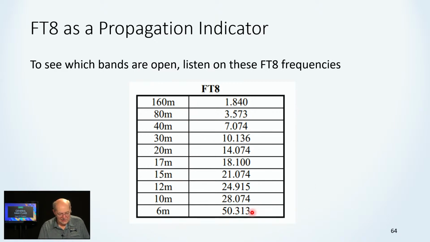And I can immediately tell if there's anything going on on these bands. If you have the ability to decode FT8, you can see where they're coming from. So you could see if propagation is open to Europe on 20 meters, for example. Even if you're not interested in operating FT8, to know that that band is open, that would encourage you to try it on CW or sideband.